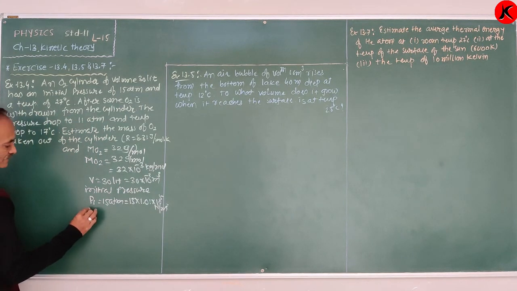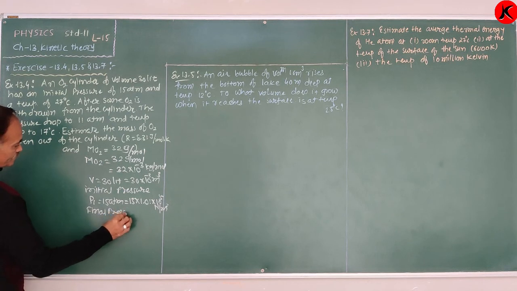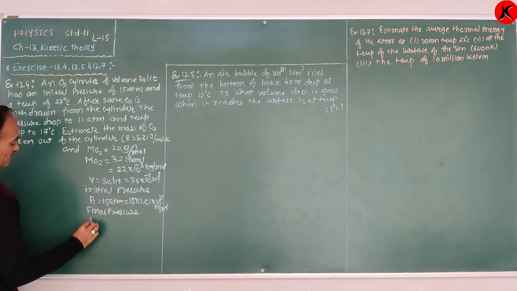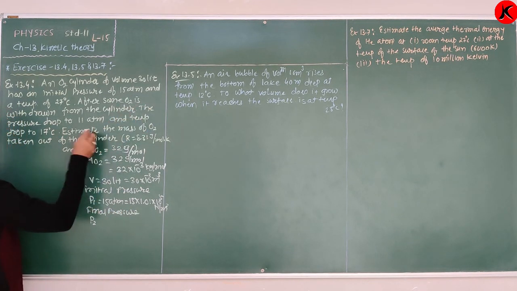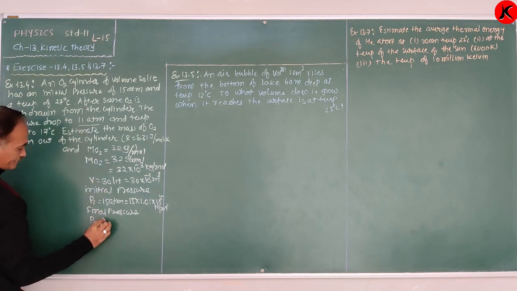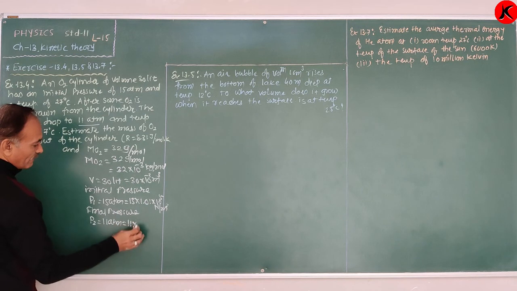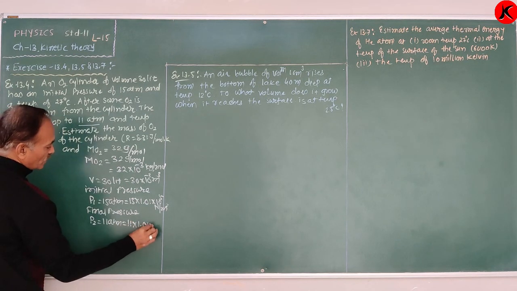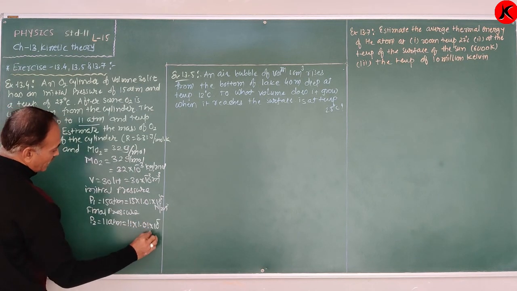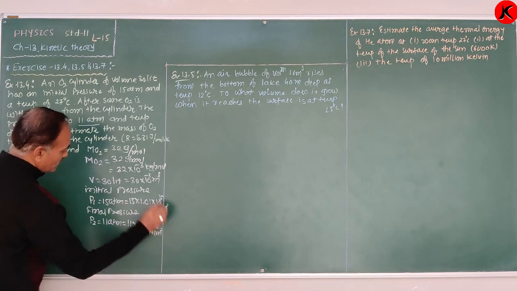Final pressure P2 is 11 atm, which is equal to 11 into 1.01 into 10 raised to 5 Newton per meter square.